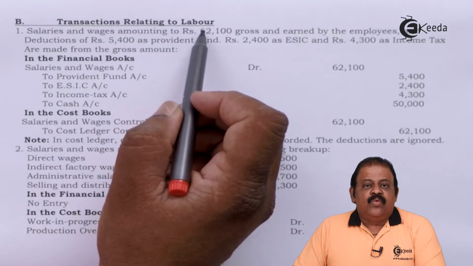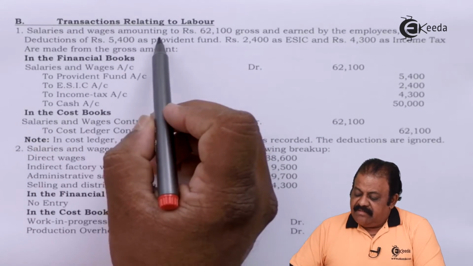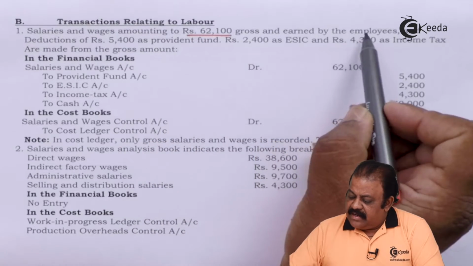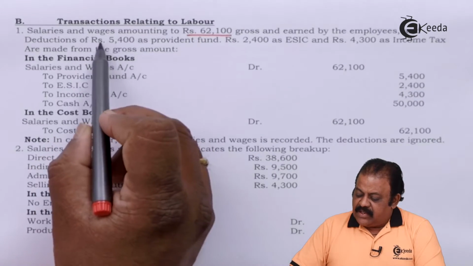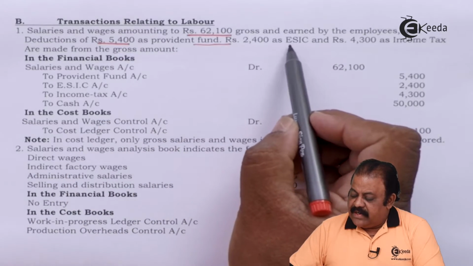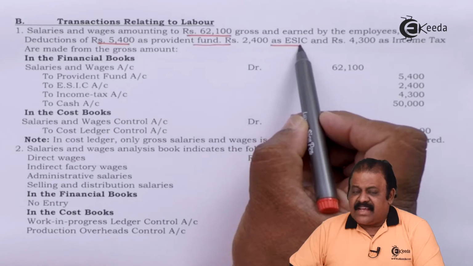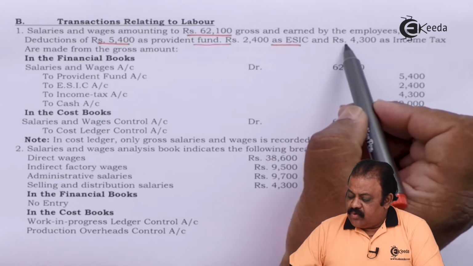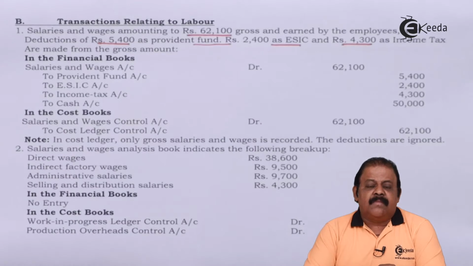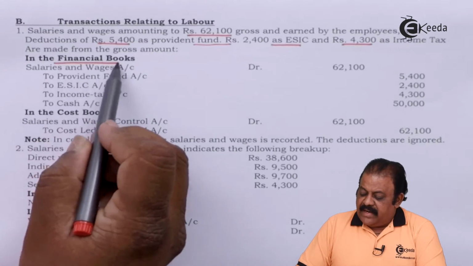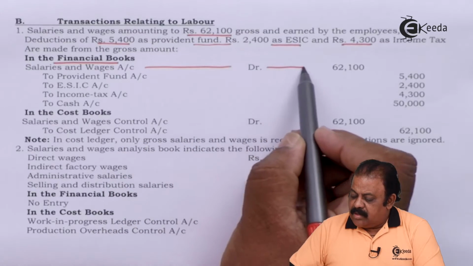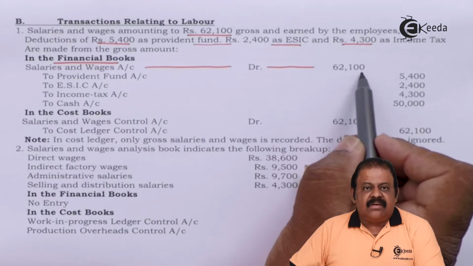Transactions relating to labor. Salaries and wages amounting to 62,100 gross are earned by the employees, and deductions of 5,400 as provident fund, 2,400 as ESI contribution, and 4,300 as income tax are made from the gross amount. In financial book, our entry will be salaries and wages account debit for the gross amount 62,100.